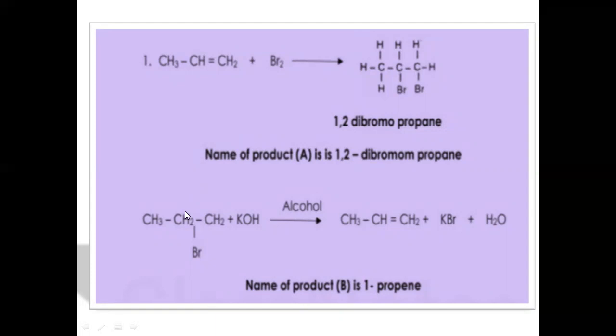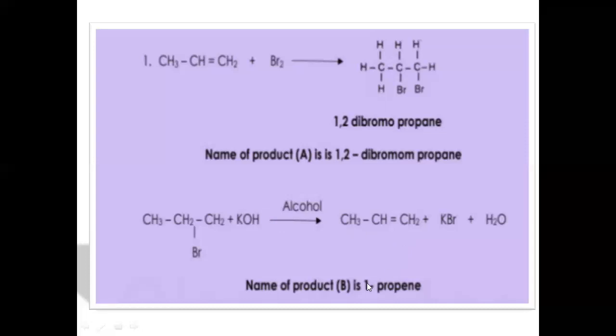This dibromopropane, which is formed in the first case, after reaction with alcoholic potassium hydroxide, what will it give us? It will give us one propene.